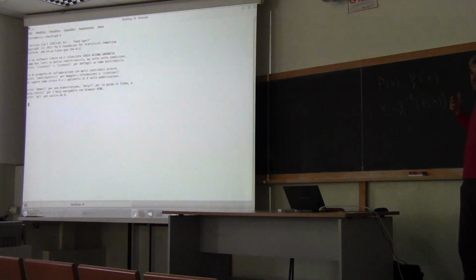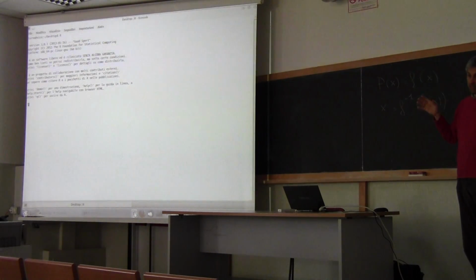Let's suppose that you want to estimate, for instance, the extreme value of a given process. Therefore, what you do is to take the inverse of the probability distribution, and then you fix a very small probability of exceedance, and then you compute the extreme value. And the same for droughts.